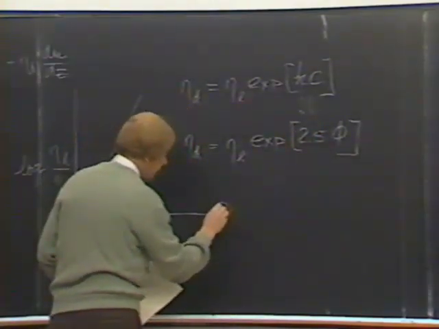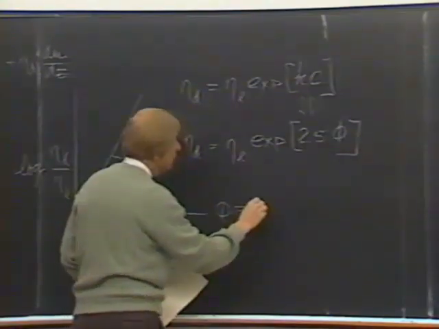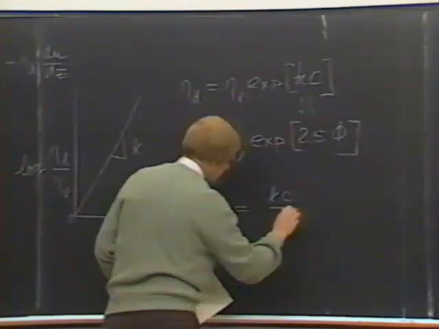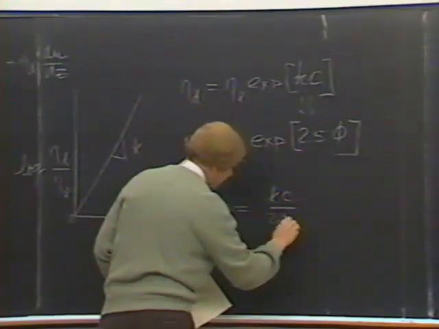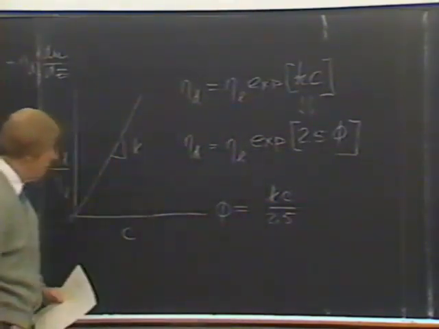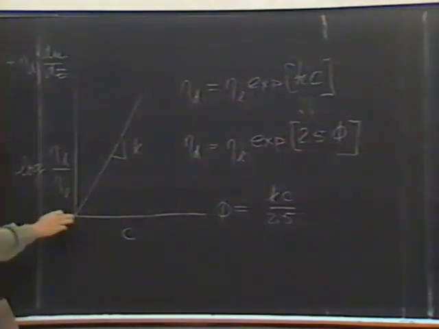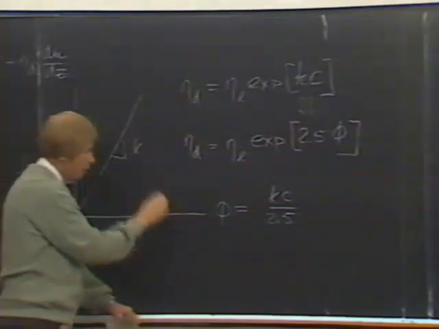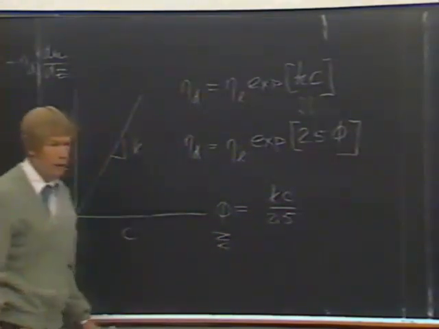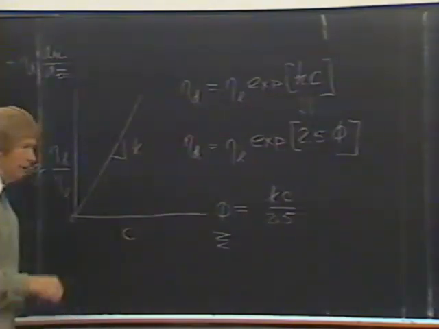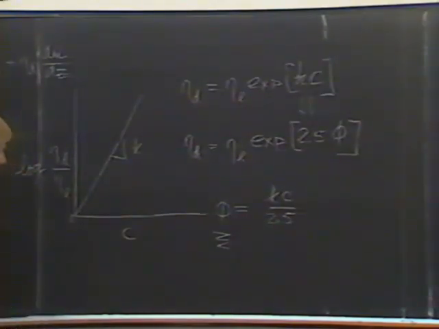Or that phi, the volume fraction, is Kc divided by 2.5. So from the slopes of this, we got a to d, and from that relation and the thought experiment, we were able to calculate the volume fraction. We went through this all last hour. I'm just summarizing it so that I can get a good start today.